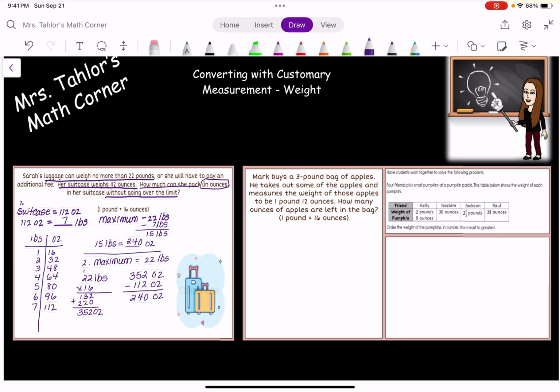So, the answer to the question is that Sarah can pack 240 ounces in her suitcase without going over the limit.